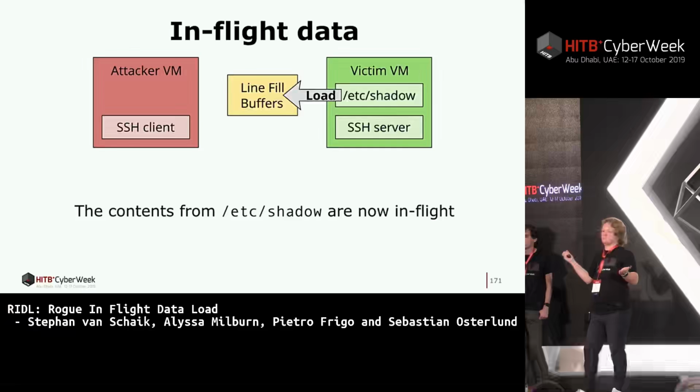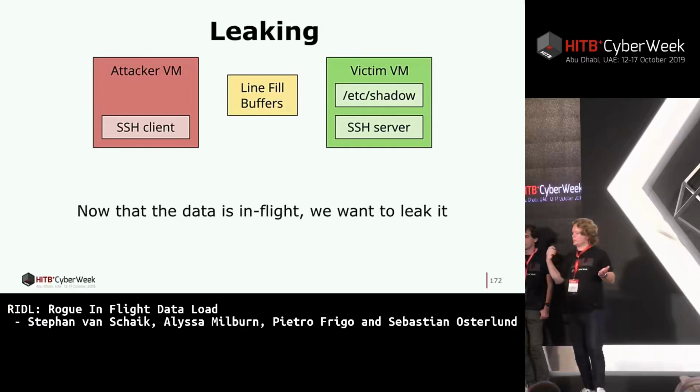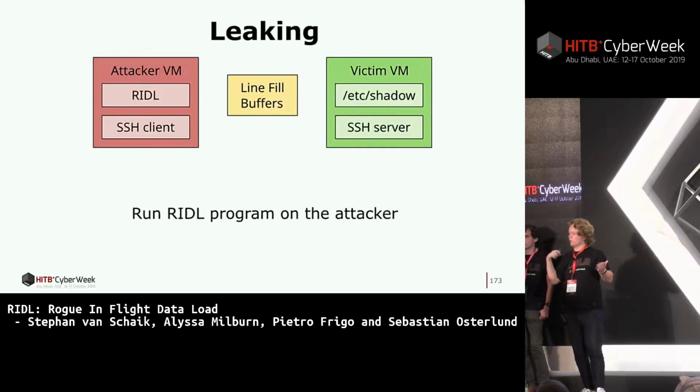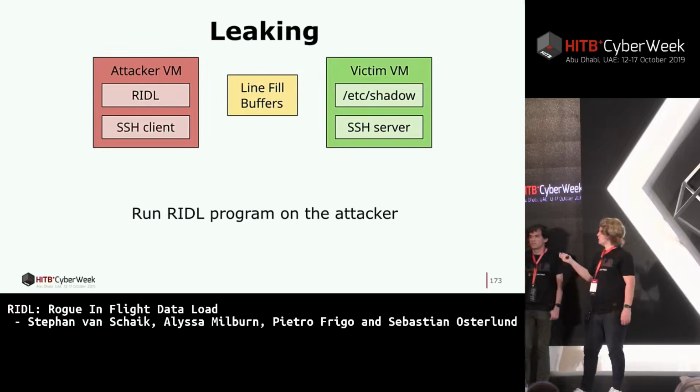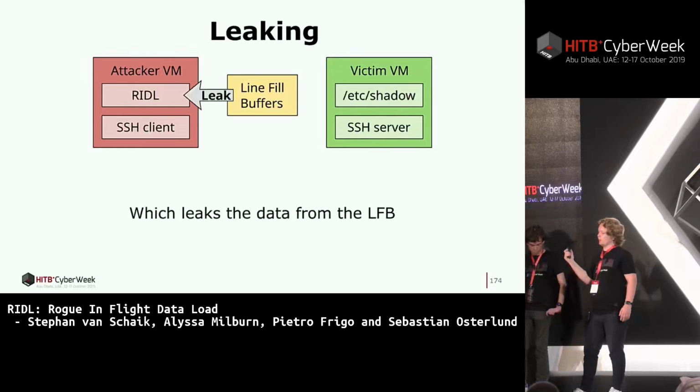The contents are now in flight, and we just do our standard attack that I just showed you. We run the RIDL attack on our attacker VM to leak the contents from the line fill buffer and stitch the measurements together. So we can actually leak the /etc/shadow file from a co-located VM in the cloud.